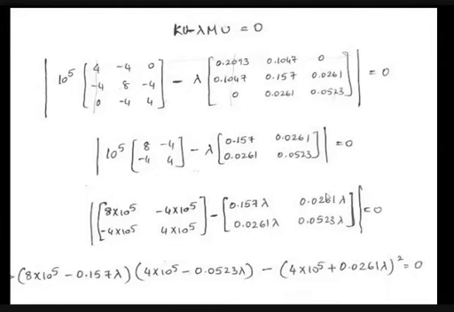So both the values are same, so I can take the minus term outside. I'll be having 4 into 10 to the power of 5 plus 0.0261 lambda the whole square is equal to 0.